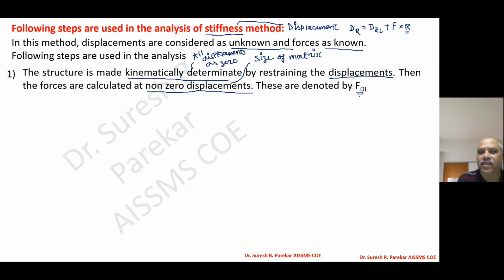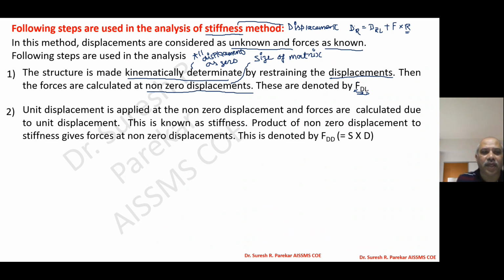And then whatever forces we get are known as FDL, that is, force at unknown displacement D due to external loads. Then unit displacement is applied at the non-zero displacement, same as in the slope deflection method.